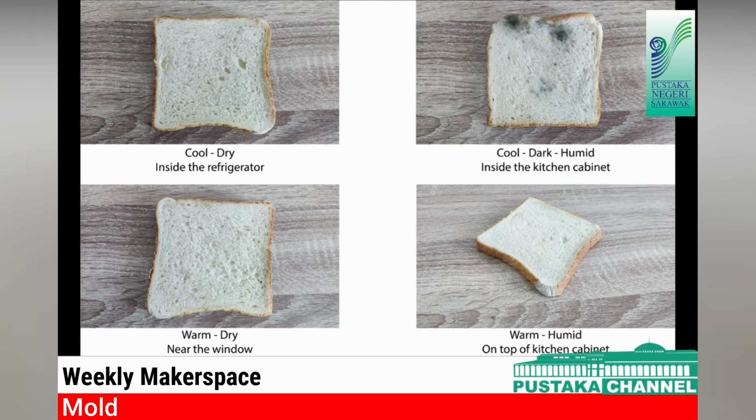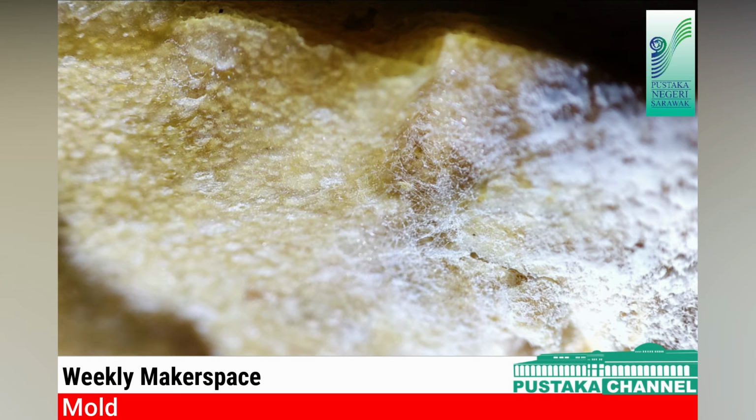In fact, when I touch this bread, they are very dry and very hard. For the bread that was placed on top of the kitchen counter, there is some mold growth at one corner of the bread. Here is a close-up image of the mold on the kitchen counter bread.